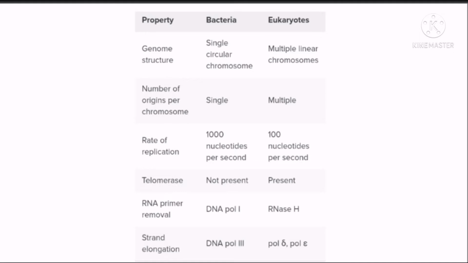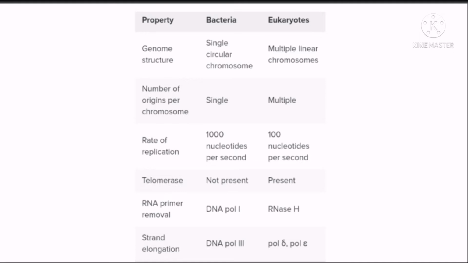Next, genome structure: bacteria have a single circular chromosome, while eukaryotes have multiple linear chromosomes. The number of origins per chromosome is single in bacteria, while in eukaryotes it is multiple. The rate of replication is 1000 nucleotides per second in bacteria and 100 nucleotides per second in eukaryotes.